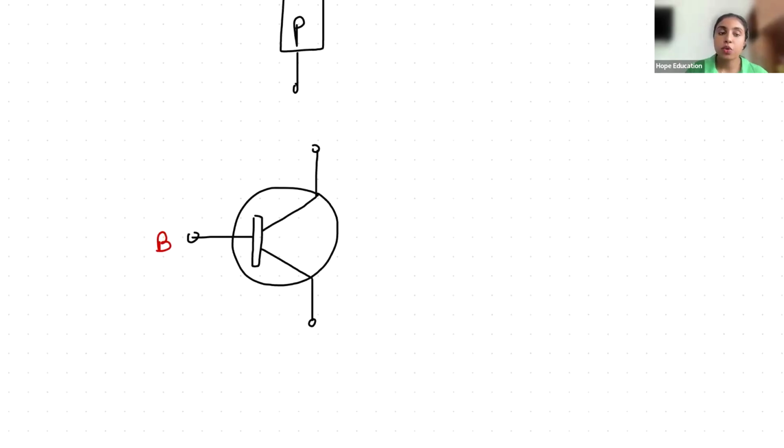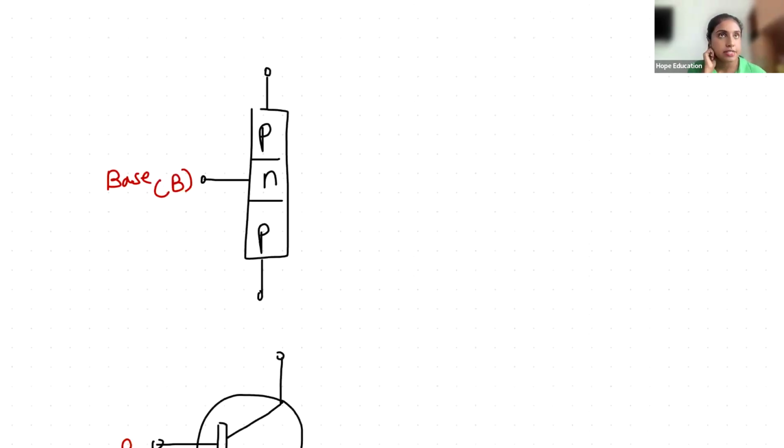I told you as a rule, what did I say, first let's write that this is the emitter. Both sides are P, so one of them becomes the emitter, the other one becomes the collector. So we know as a rule, charge carriers move from emitter to collector.